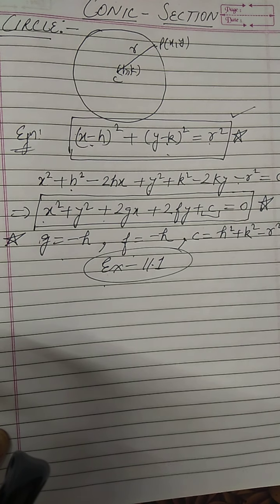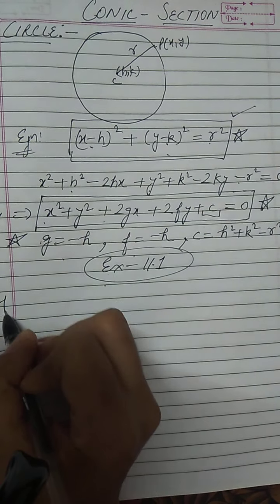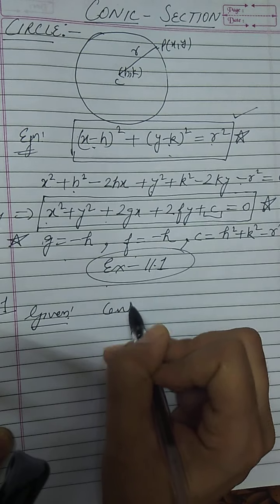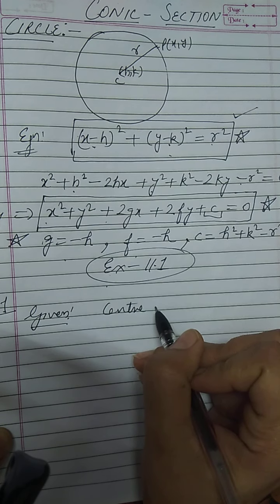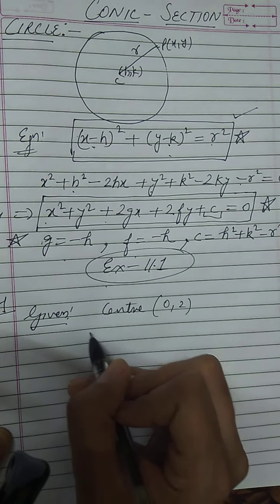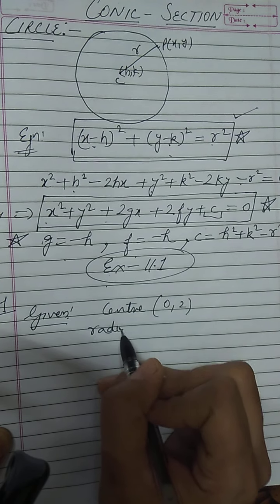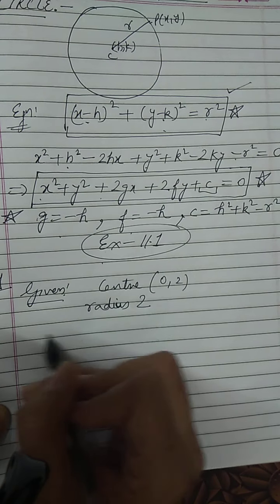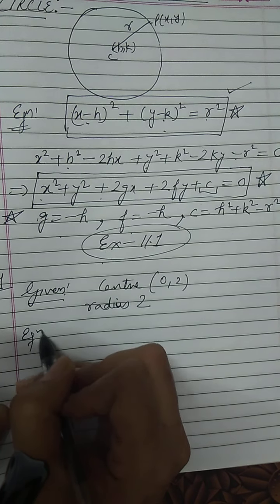When the center and radius are given, what are we going to do? First sum, the given is: the center of the circle is 0, 2, and the radius is 2. So these two values are given to us. What is the equation of the circle?